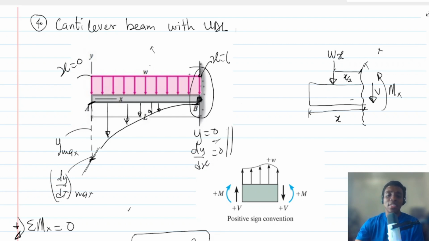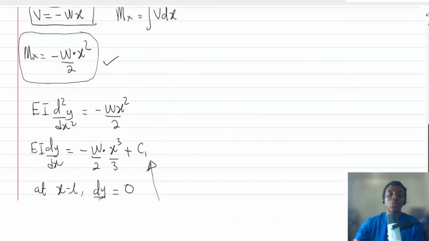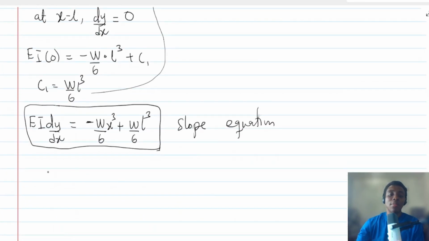However, at the fixed end, the deflection and the slope are 0. So the maximum slope will occur at the free end, where x equals 0, and dy/dx will be maximum.